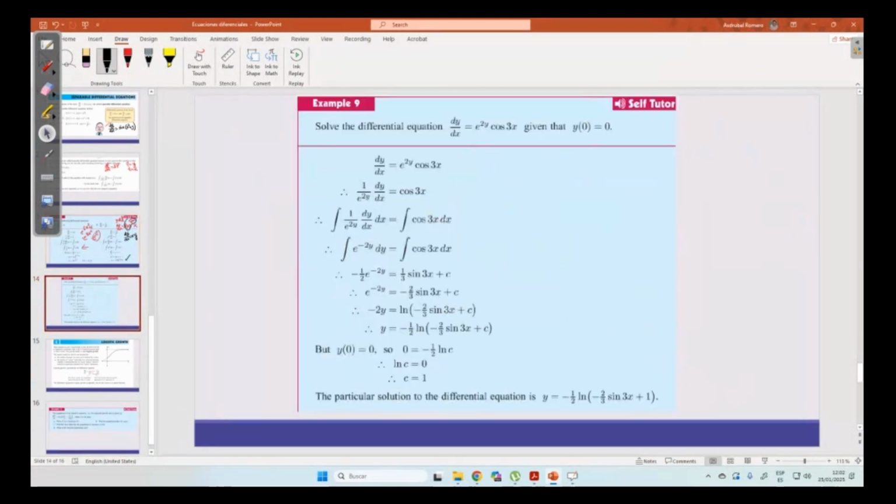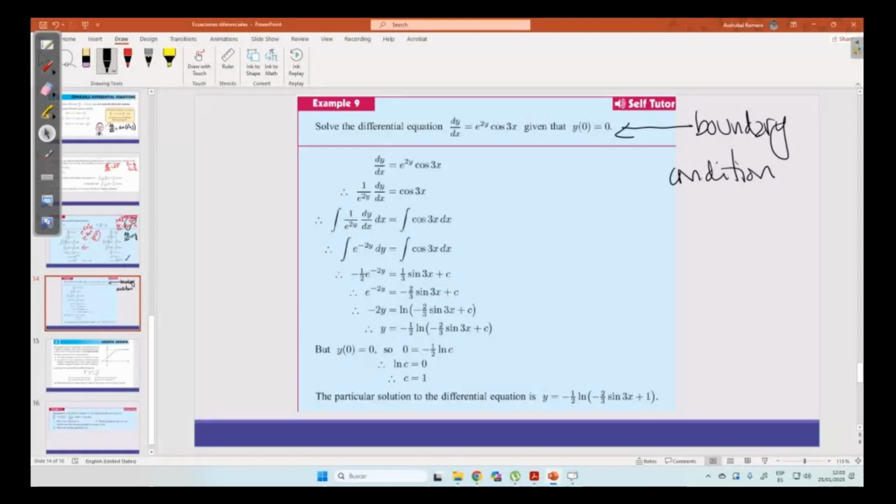Here, this is another example with a boundary condition. Yeah? And when they give you a boundary condition, you have to go one step more. First, you solve the general solution, and then you apply the condition.